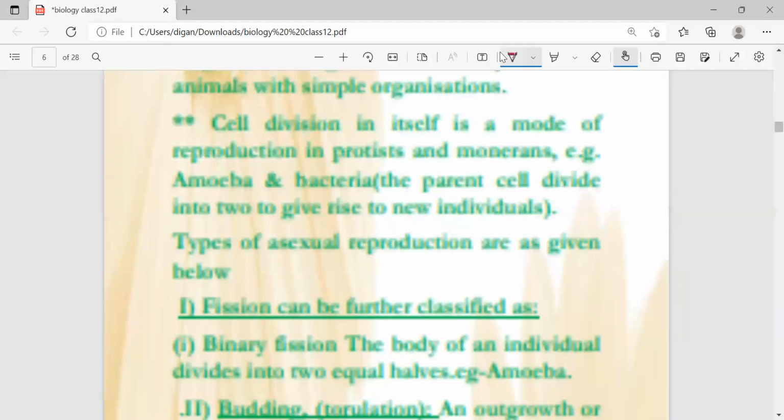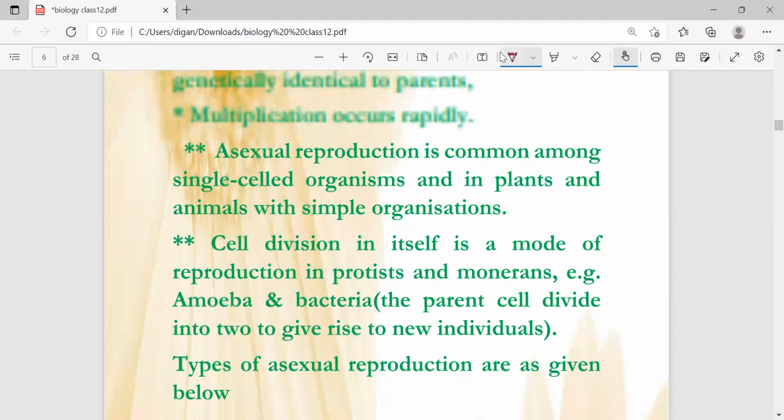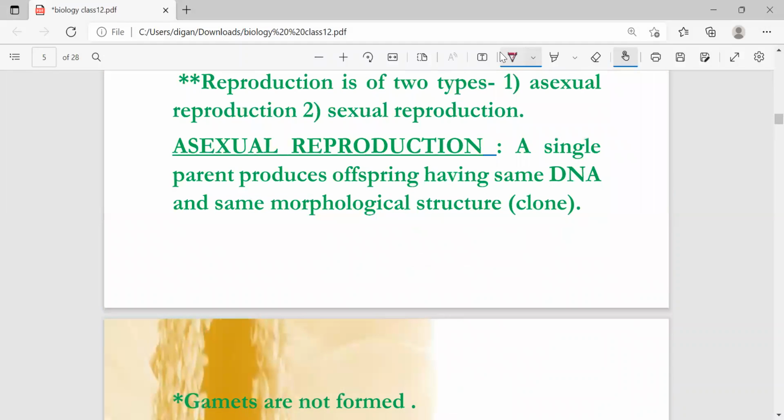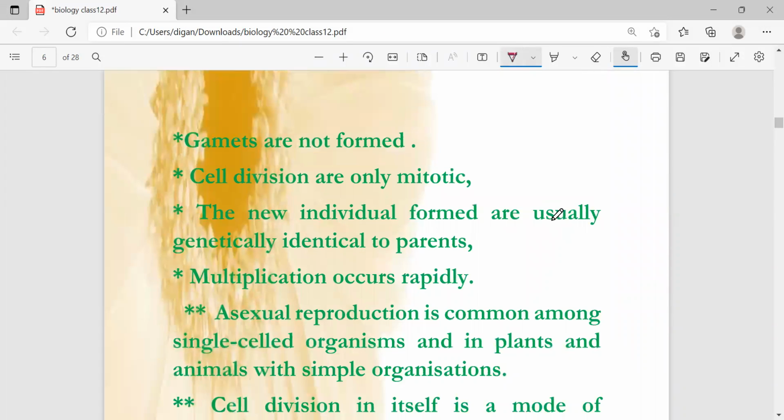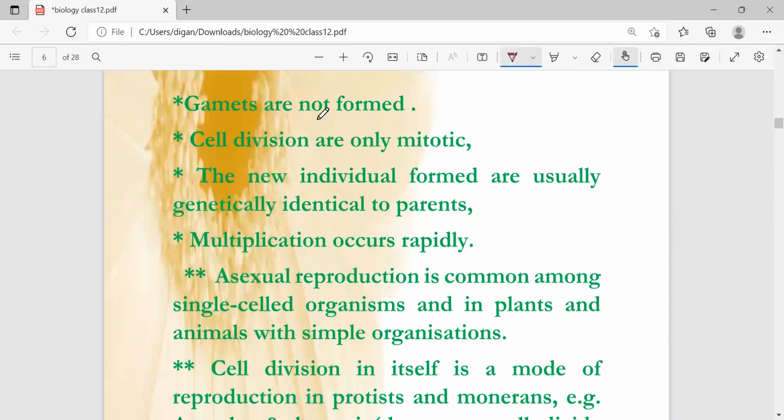So that is written here. Look, a single parent producing offspring having the same DNA and same morphological structure is asexual reproduction, and the term clone is used. Next, in asexual reproduction, gametes are not formed.